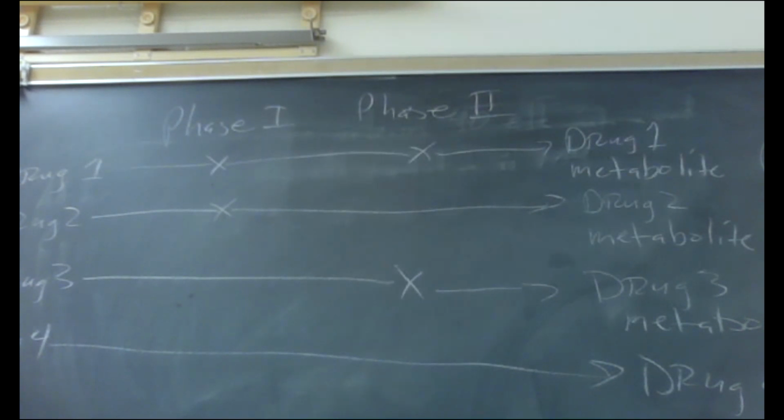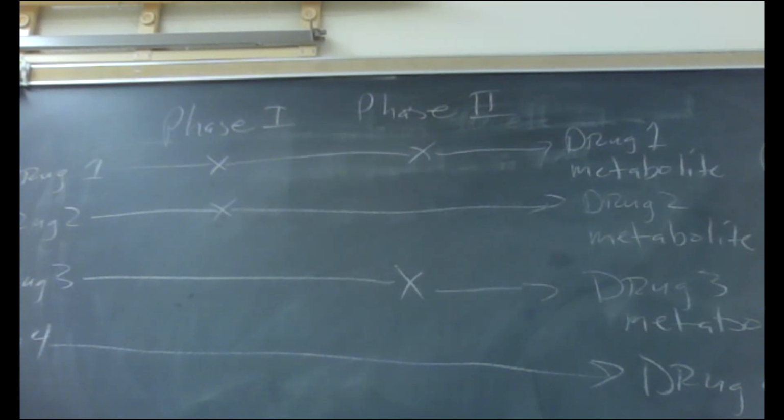In fact, proton pump inhibitors are prodrugs. They're activated by 2D6. So if you have someone who has no 2D6 activity, a proton pump inhibitor is going to work for that patient? No, because the drug will not be activated. It's a prodrug. It needs to be activated.